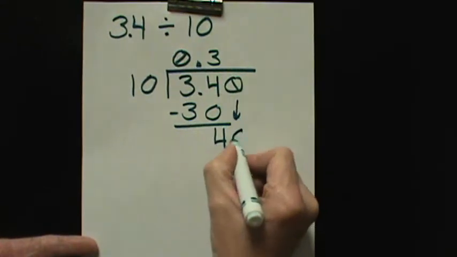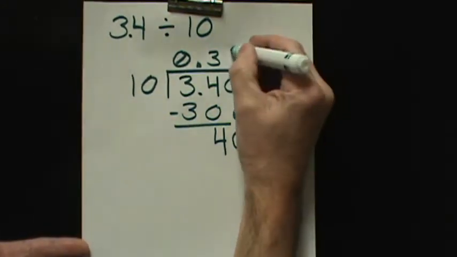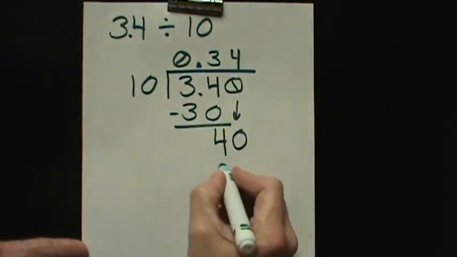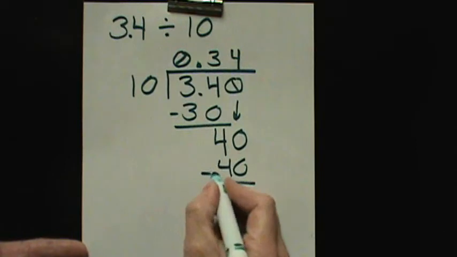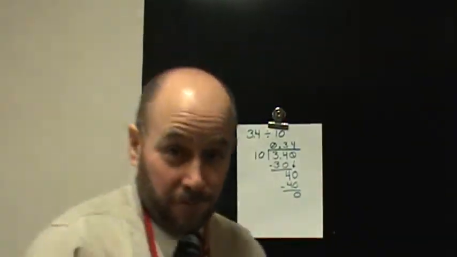Bring it on down, and we can see that 40 is a multiple of 10, so 4 will go up in our quotient in the tenths place. 4 times 10 is 40, and you end up with 0. Wow, that's a cool problem. We found the math behind the door. Let's keep moving.